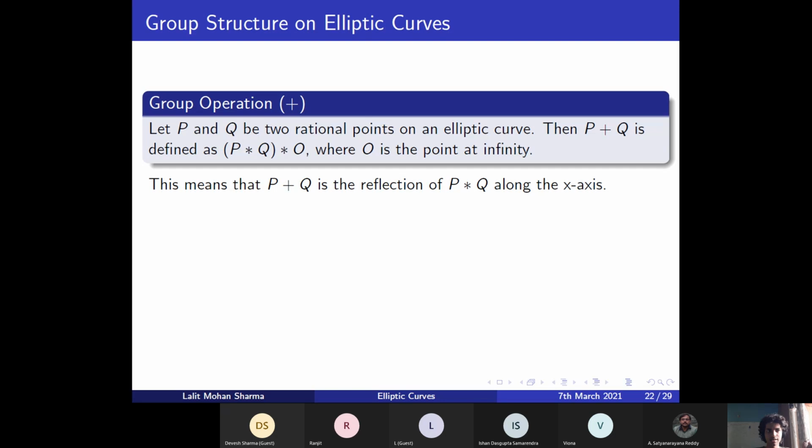So basically, O is the point at infinity, and if you put a line parallel to the y-axis, then it intersects the elliptic curve at 2 points, right? But this third point that it intersects at, which we call the point at infinity, is actually considered to be a part of the elliptic curve.